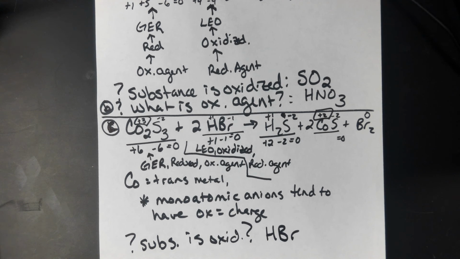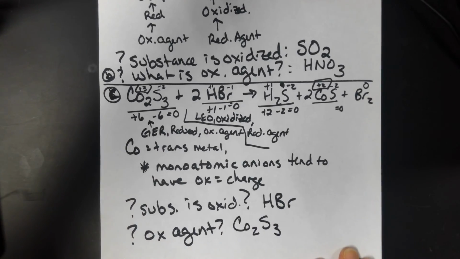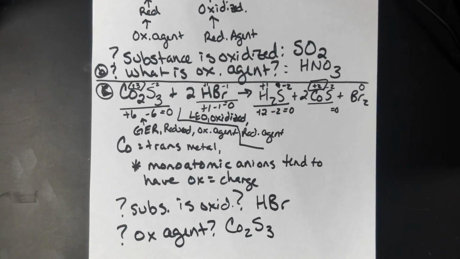And then the next one says, what is the oxidizing agent? You would say Co2S3, with subscripts 2 and 3. I do hope that helped. So that's how you would type in your answer.